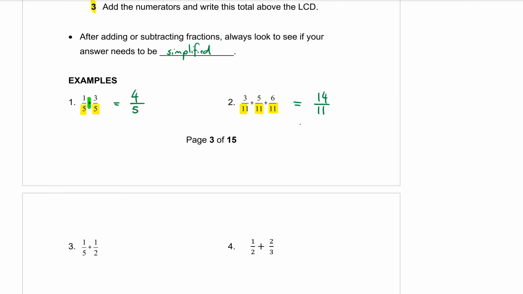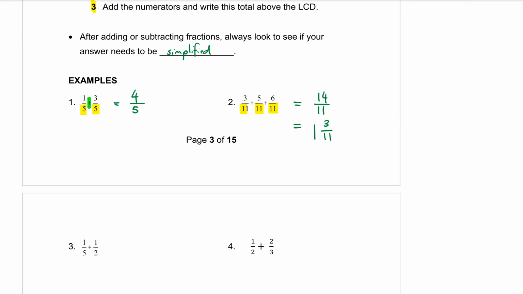That can also be changed into a mixed numeral. 11 goes into 14 once. And then you count on from 11, 12, 13, 14. There'd be a remainder of 3 that would go on the top over 11. And that can't be simplified any further. Okay, they are the easiest type.